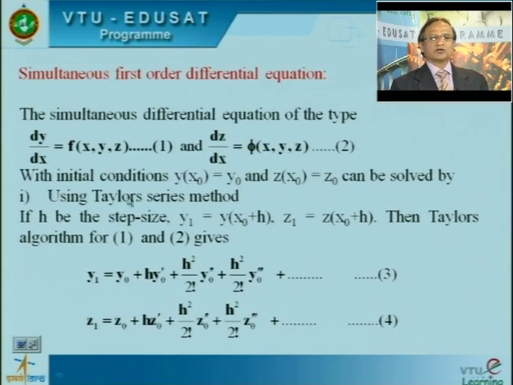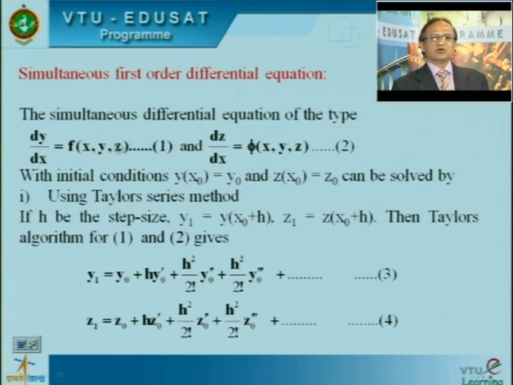When we want to solve a second order differential equation, we will convert it into first order simultaneous equations. We want to solve the same equations by using Milne's method. Some starter values can be calculated either by using Taylor's method or by using Picard's method.